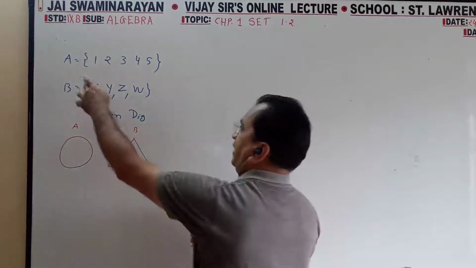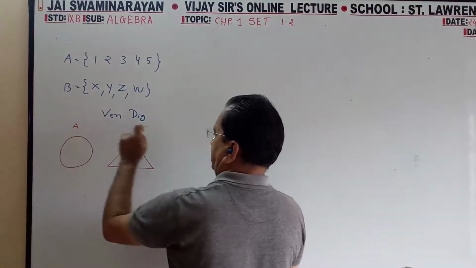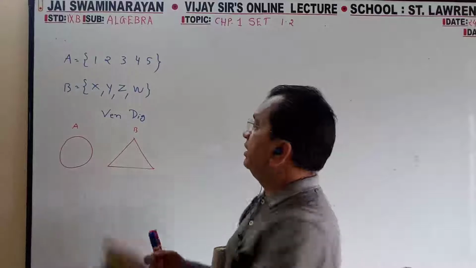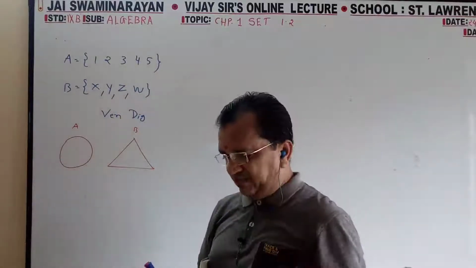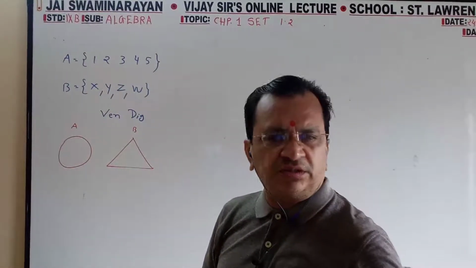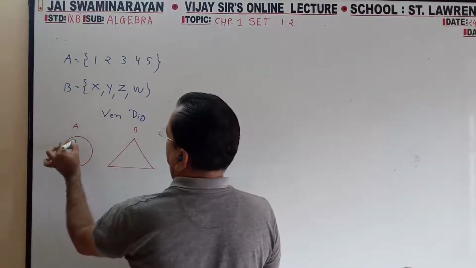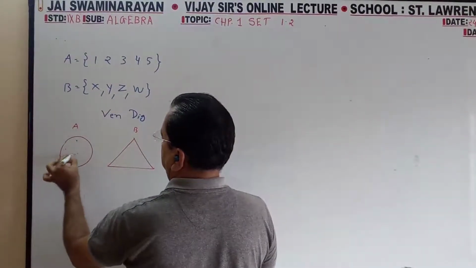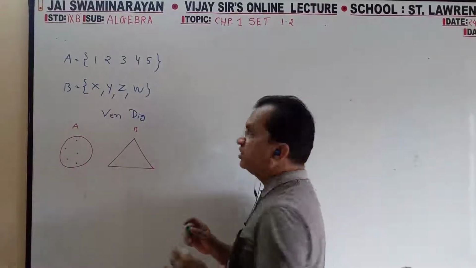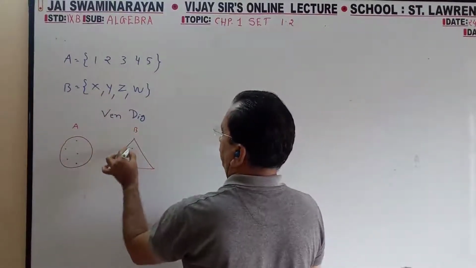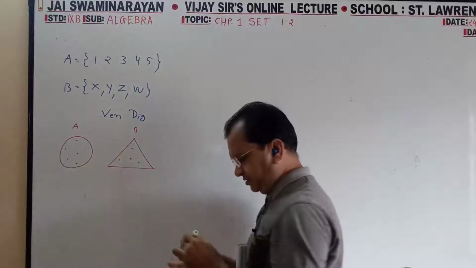So A I have written here, B I have written here. Now A has 5 elements, so you can show that. First you have to take 5 dots.